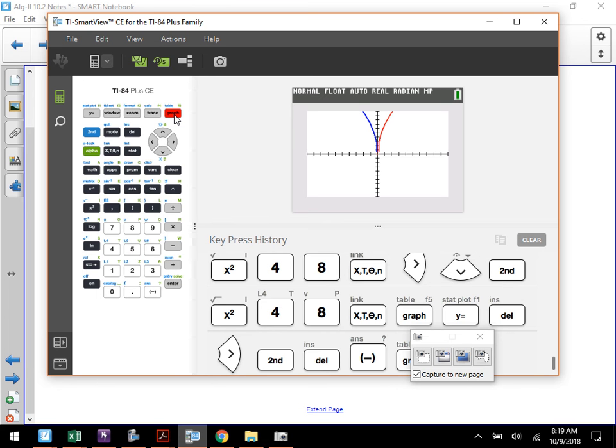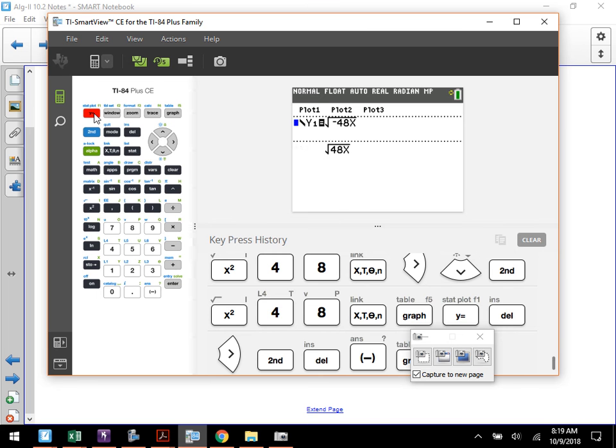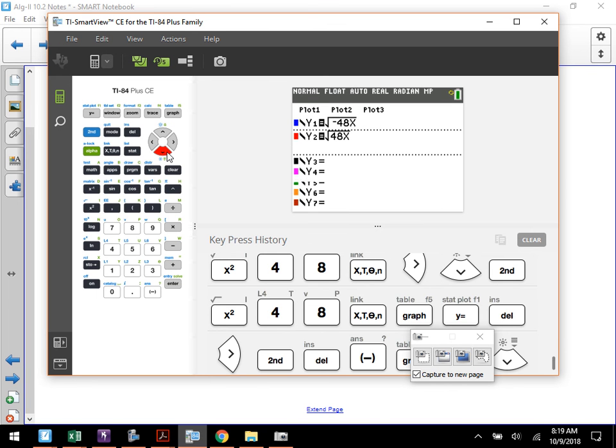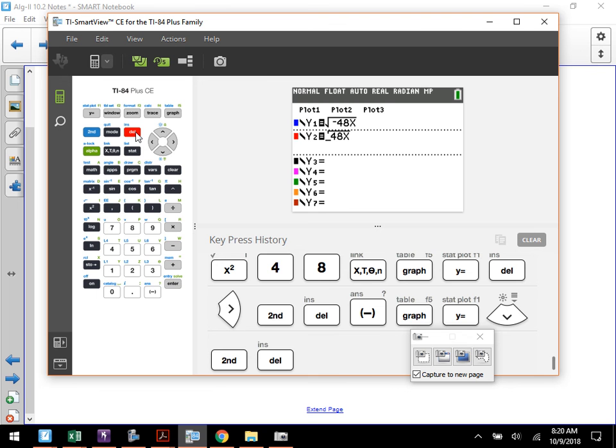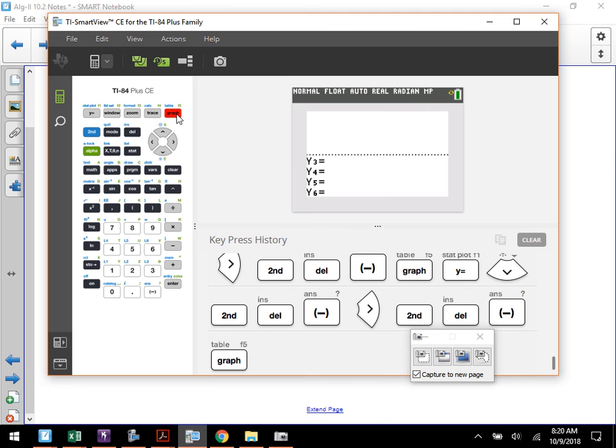I didn't do the other part of it. Then this one would be... No, because then it'd just be, well, let's see what happens. That's why we don't use calculators to graph conics. Much easier to do by hand.